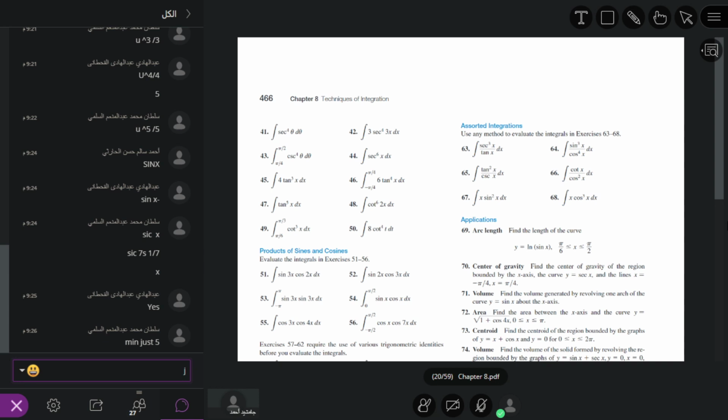So first, how can we solve? We have sine theta, cosine theta. So if we multiply with 2, what will it become? We multiply 2 sine theta, cosine theta, and put 1 over 2 outside.